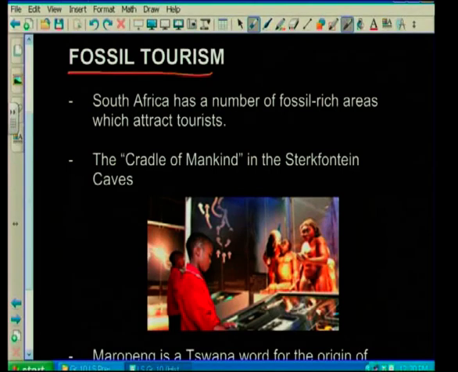Right, we now need to see what is the importance of fossil tourism. How does fossil tourism play a role in our country? Remember, with our rich biodiversity, beautiful beaches, and a variety of biomes, many people outside South Africa visit our country as tourists to see the fossil sites and the beautiful beaches.